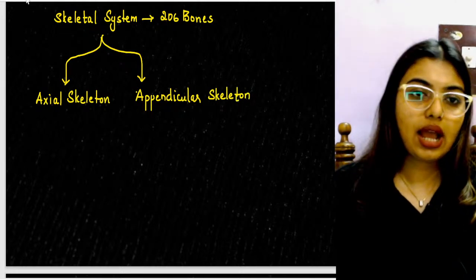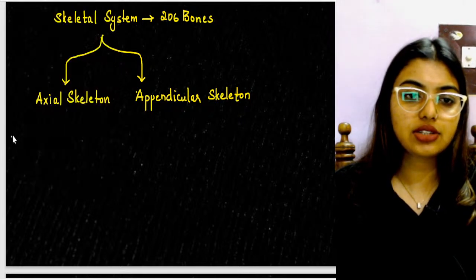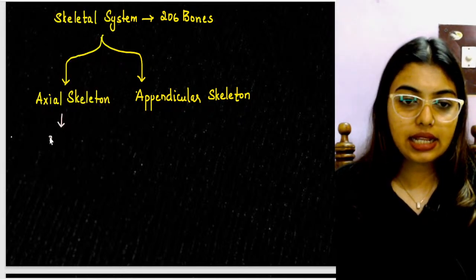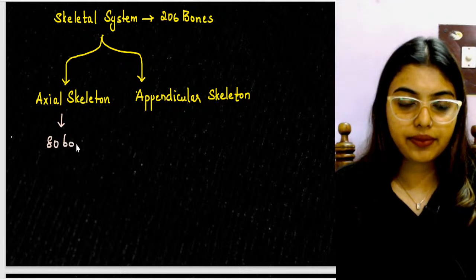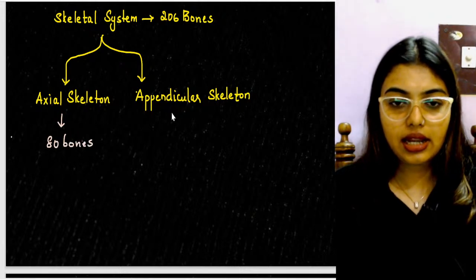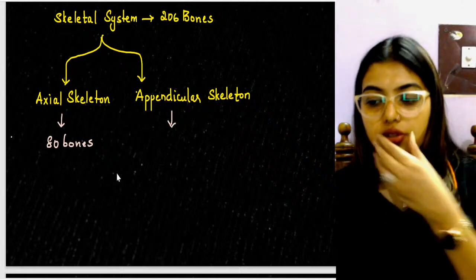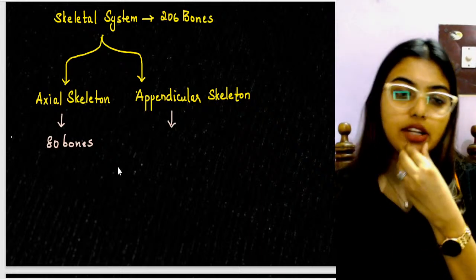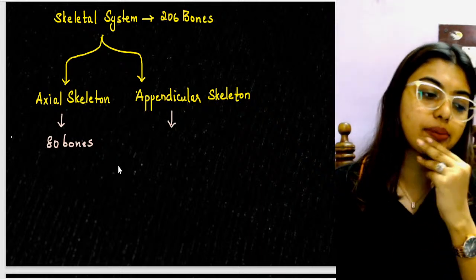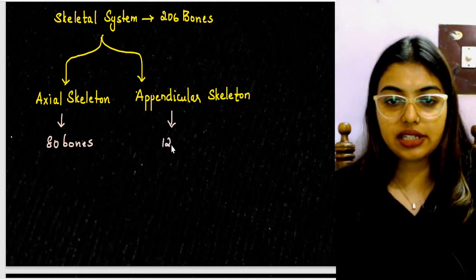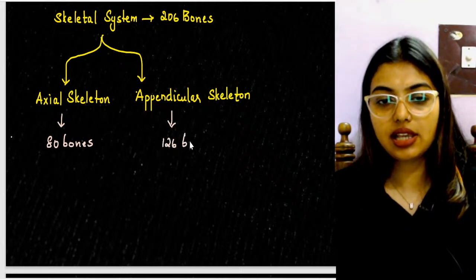Got it? Now, axial skeleton, how many bones are they telling, students? Axial skeleton, they are telling 80 bones. And appendicular skeleton, how many bones will be there? All of you calculate and tell me. 126 bones.